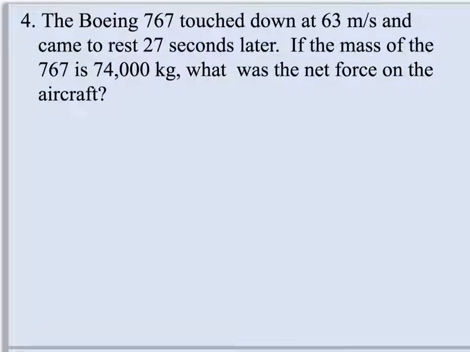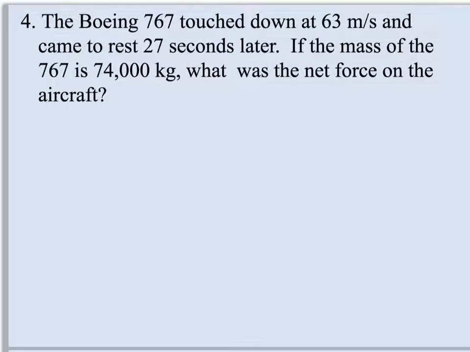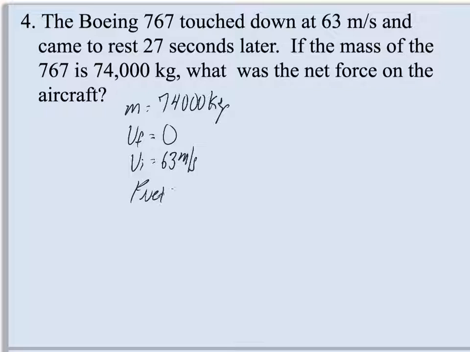All right, so we have a mass of 74,000 kilograms, and we have a VF of 0. We have an initial velocity of 63 meters per second, and we're asked to find the net force.